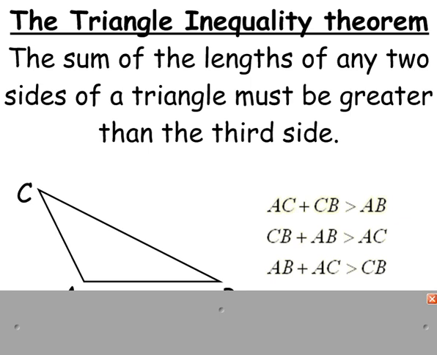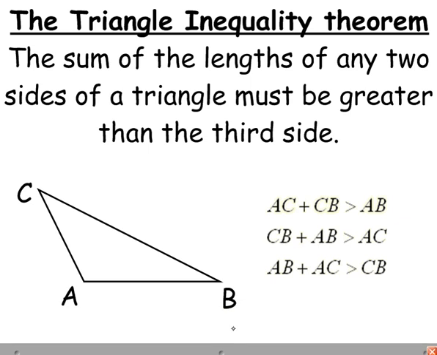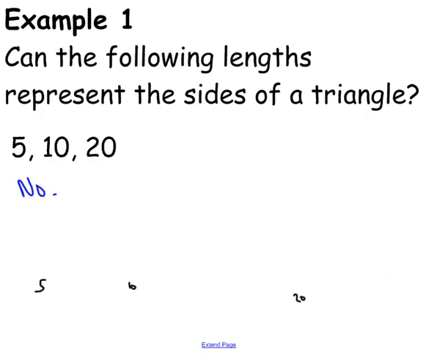So given any triangle, if you add up any 2 of the sides, that sum must be greater than the 3rd side. Let's take this idea back to the first example.